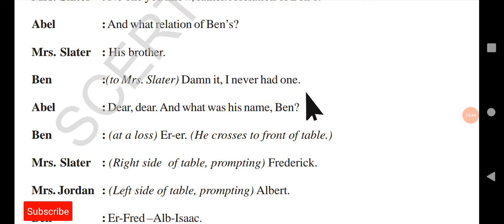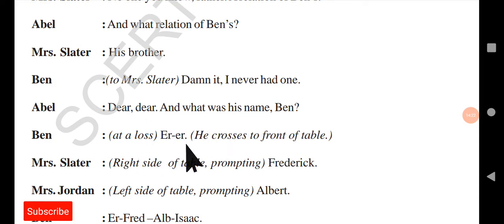Actually, Ben doesn't have a brother, but they try to cover up, one lie to hide another, and another lie to hide another one. This is how they cover up with more and more lies. Immediately Ben slowly says to Slater, damn it, I never had a brother. Abel says, dear, and what was his name?